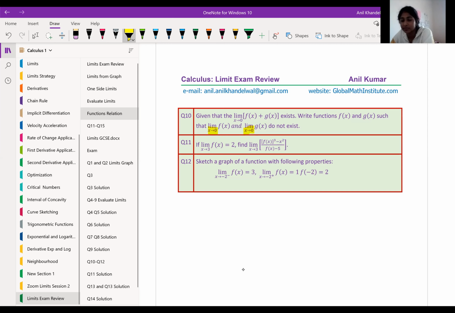Now, you remember when we started our unit on functions, I asked you one question: give me an example of a function which is both odd and even. Can you tell me one function which is both odd and even now? Would it be 0? f of x equals 0. Yes.